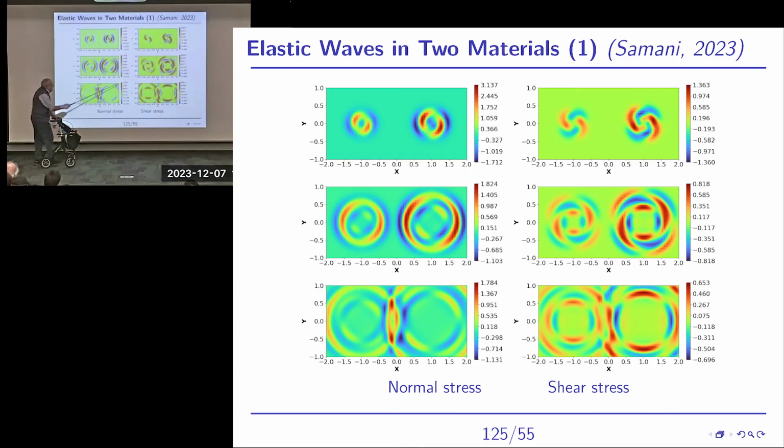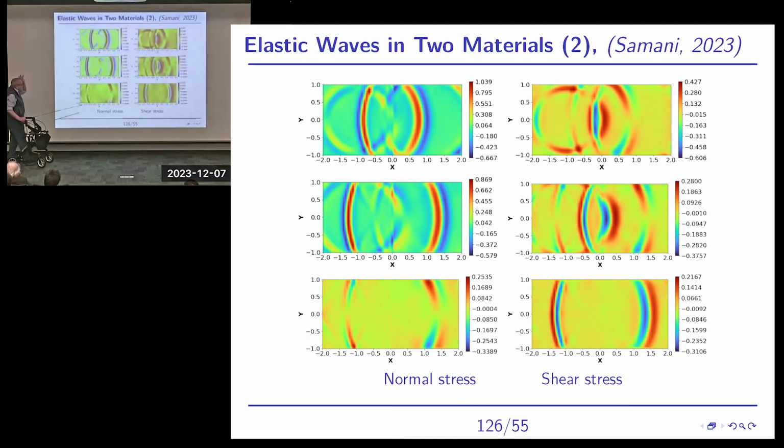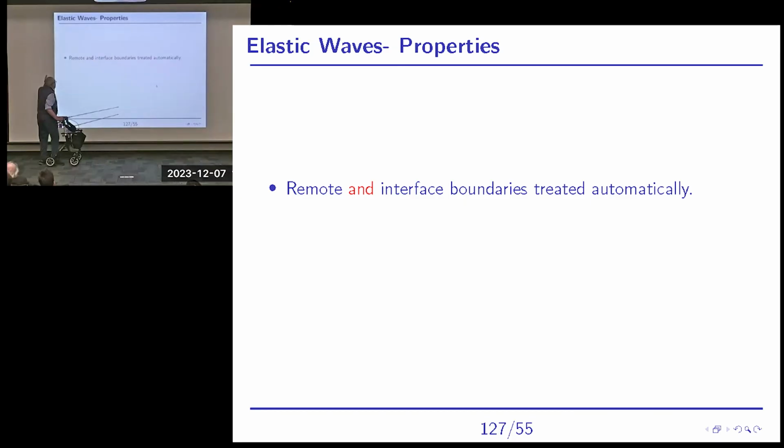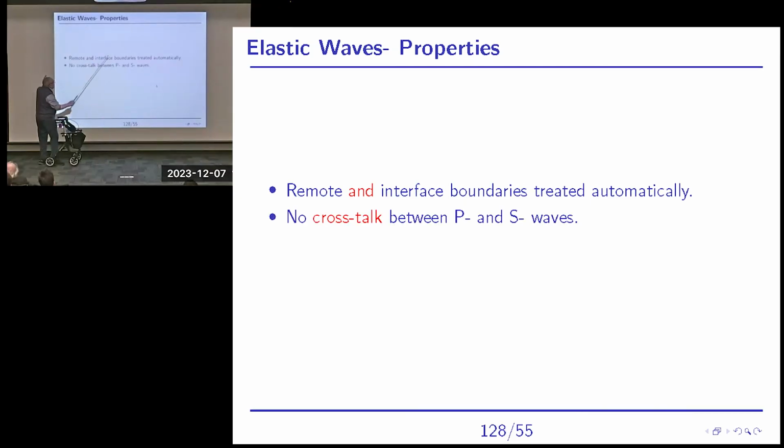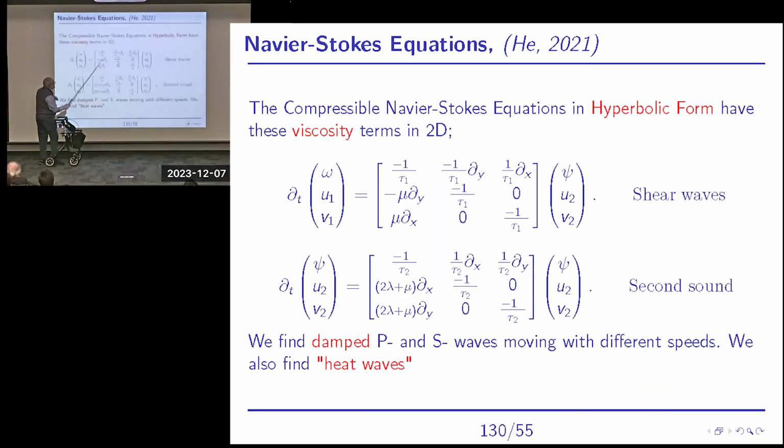We have waves that leave the domain without being reflected. So that works as it has done previously. And here we have things evolving to a later time. I'm just saying this is good news. And there's no cross-talk between waves.